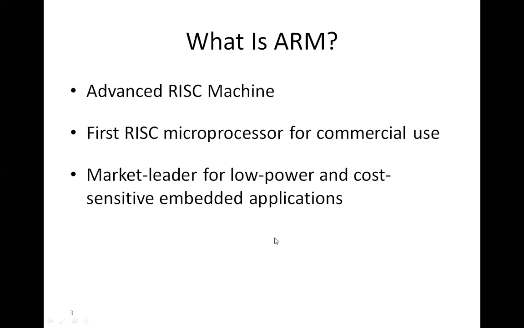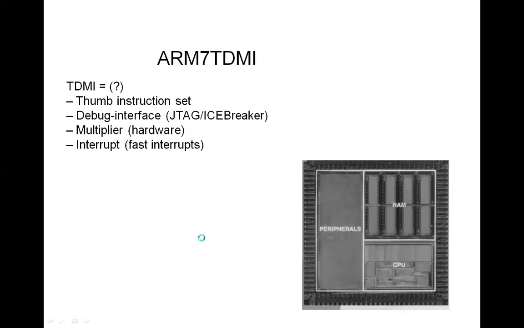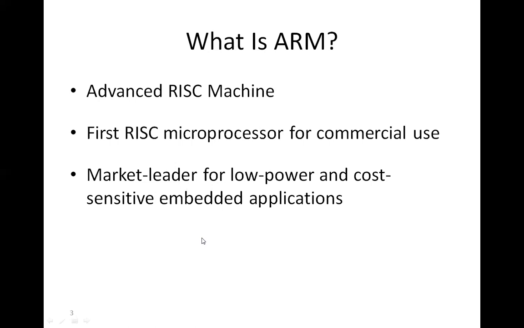Whatever the market leaders, the product designers and manufacturers, have most prominently adopted this controller or processor because it has low power and cost sensitive embedded applications. That's why we say it is a market leader controller.